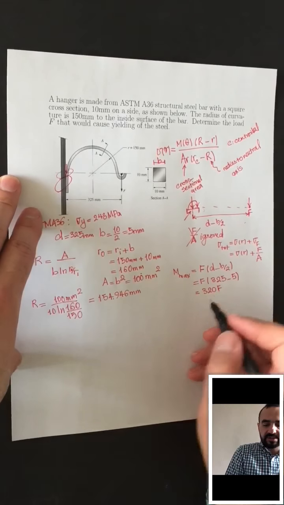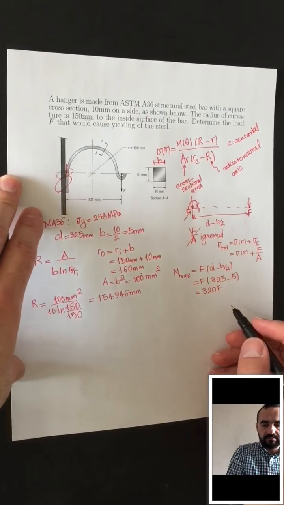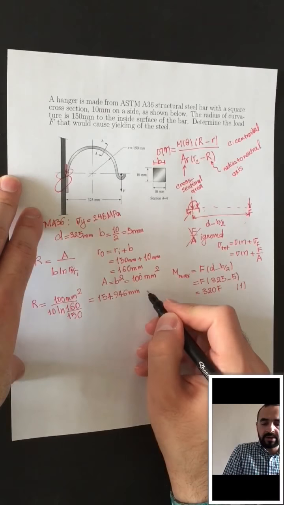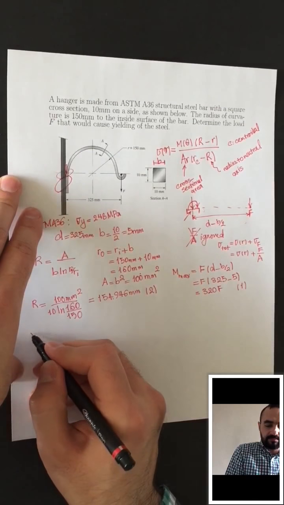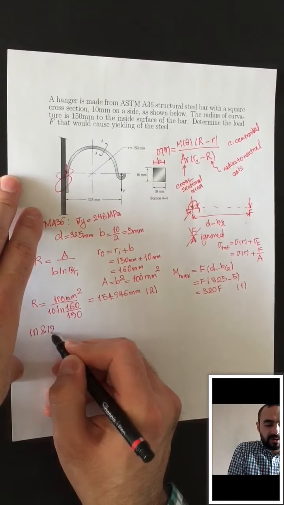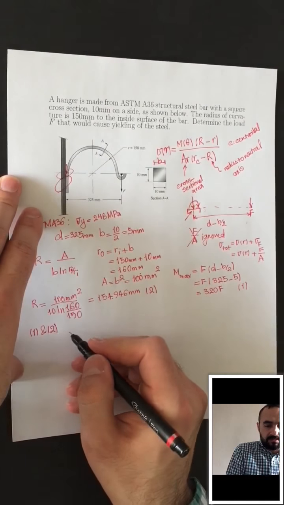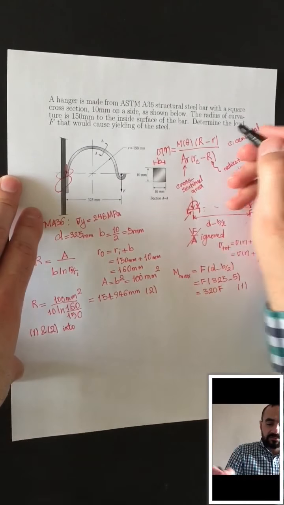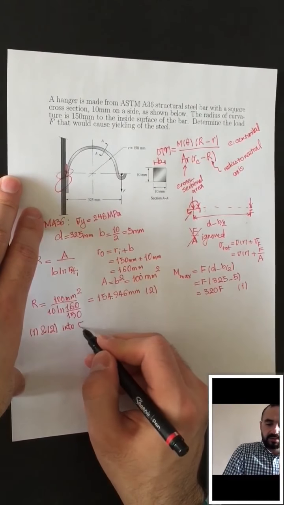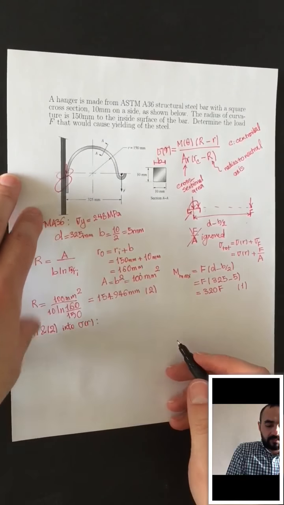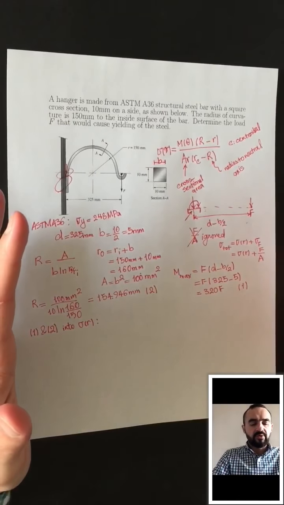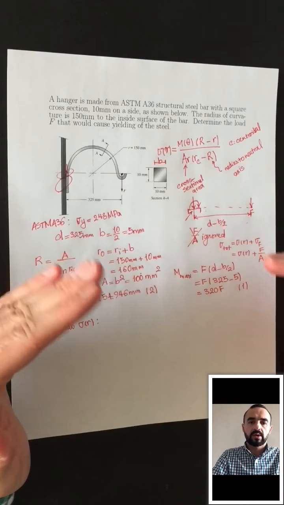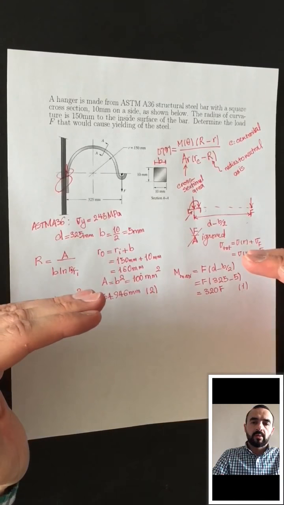Once you have this moment and you have this R, you can substitute, let's call this 1, 2. So substitute 1 and 2 into this equation, into sigma R. Now, one difference between curved beams and straight beams is that you do not know a priori where the maximum stress occurs.